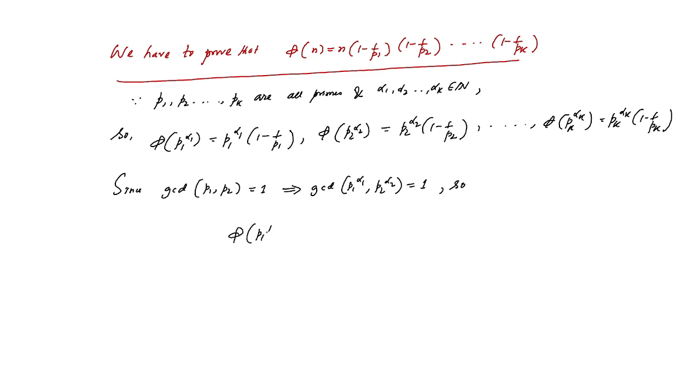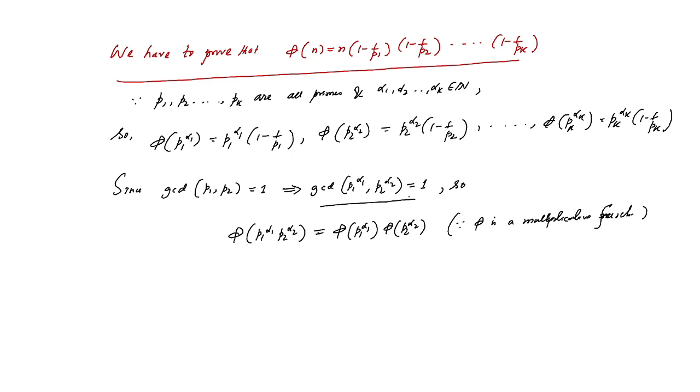Phi of p1 to the power alpha 1 into p2 to the power alpha 2 will be phi of p1 to the power alpha 1 times phi of p2 to the power alpha 2, because phi is a multiplicative function and GCD of these two numbers is 1.